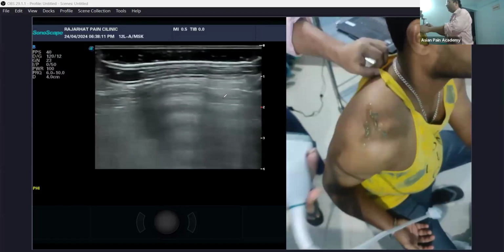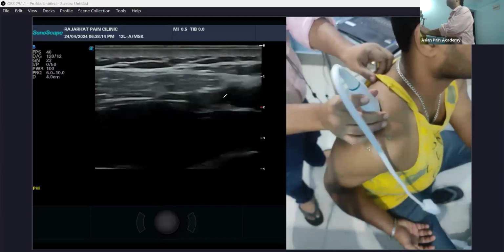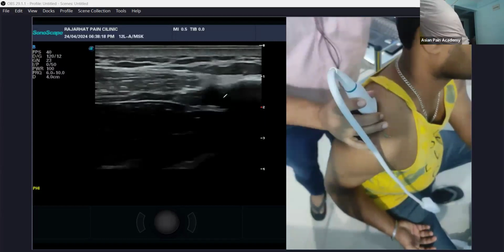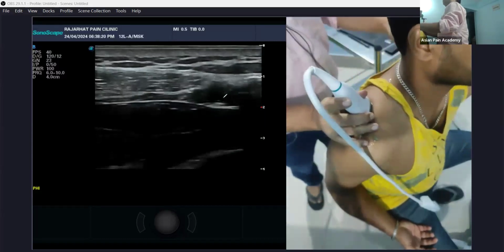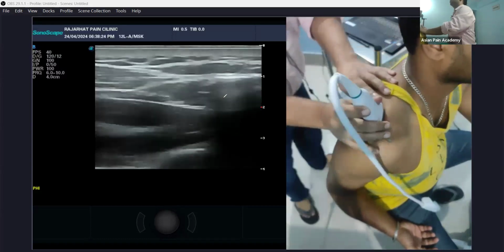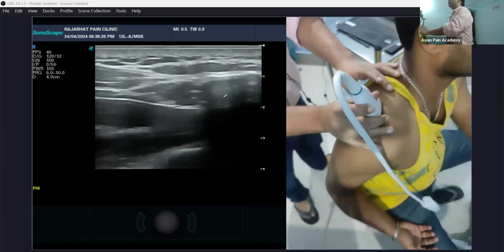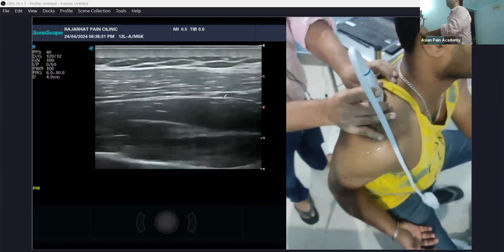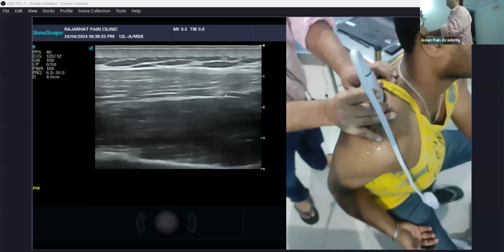So let us first see the muscle belly. Okay, so what we are seeing here, there are two muscles. You can see very nicely.